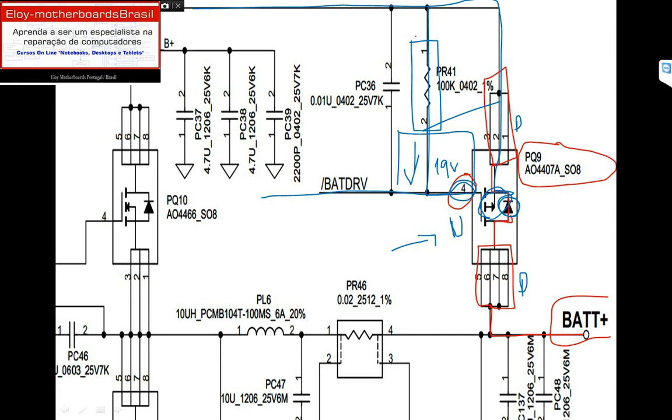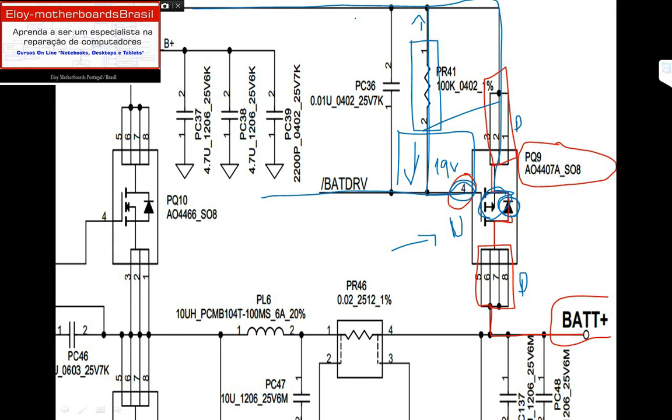This resistance will protect, so from this point up there will not be any short present, okay. Right here there will be no short present. So this is the battery drive that we have in here.